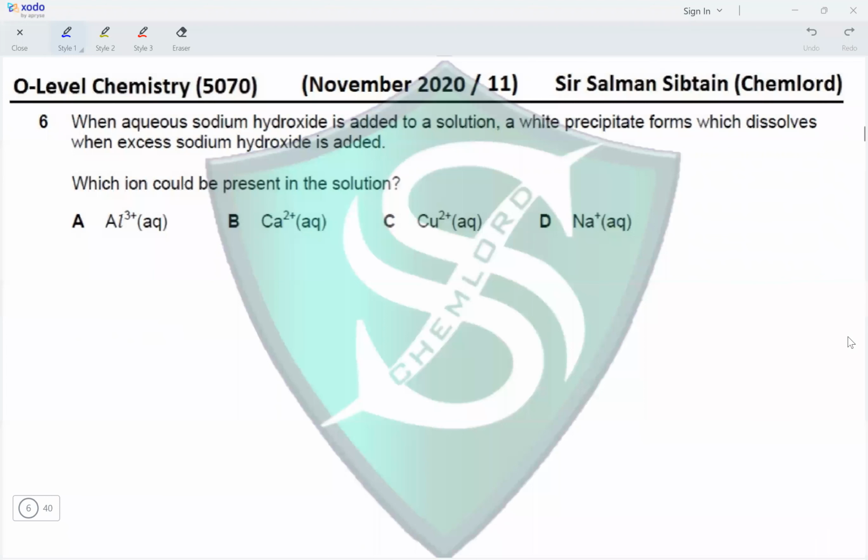Question 6. When aqueous sodium hydroxide is added to a solution, a white precipitate forms which dissolves when excess sodium hydroxide is added. Okay, a white precipitate which dissolves on excess addition of sodium hydroxide. We could have Al3+ ions or we could have Zn2+ ions.